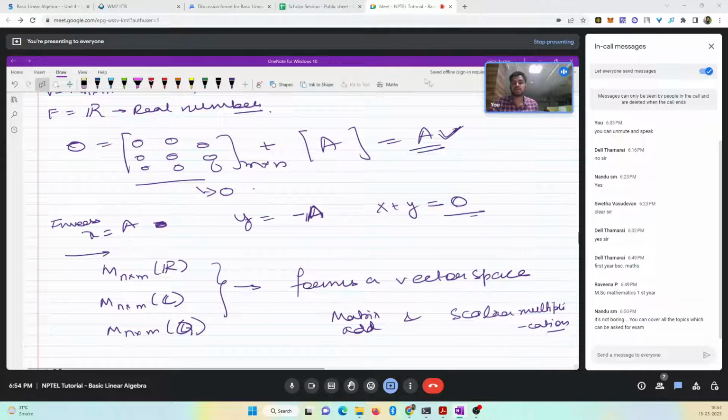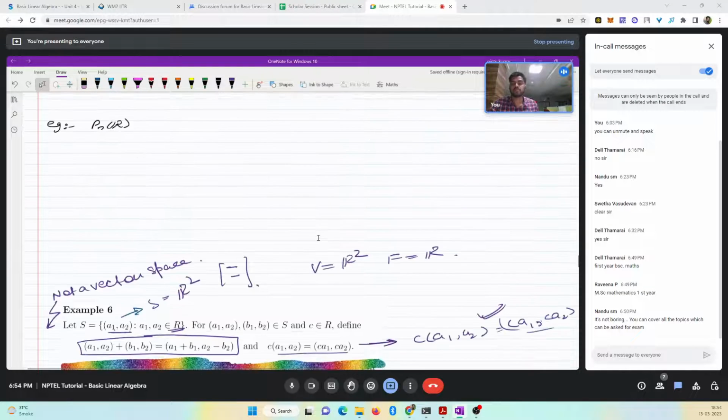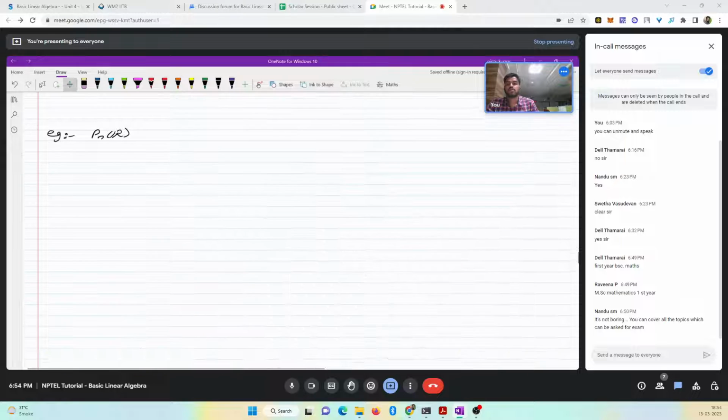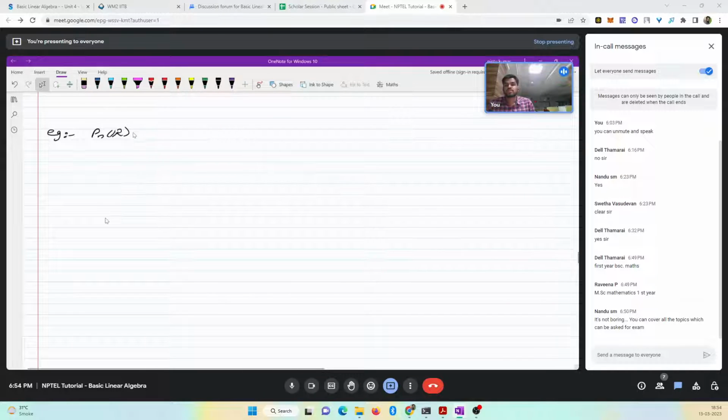Now let's take an example that is probably useful. Let's take Pn of R. This notation is known as polynomials up to degree n.